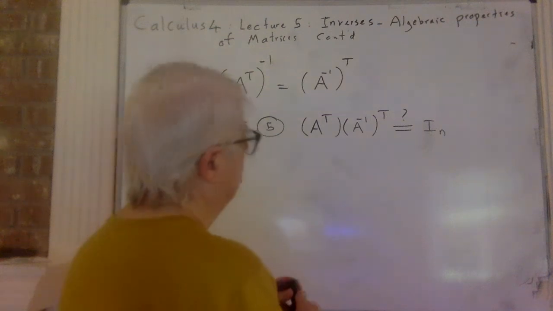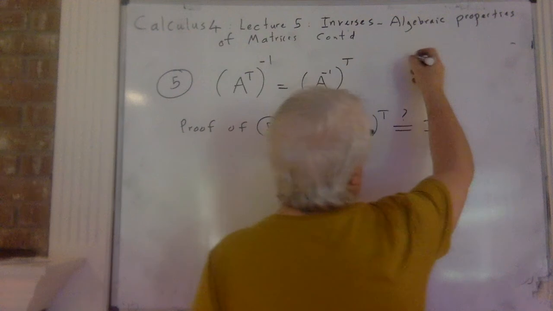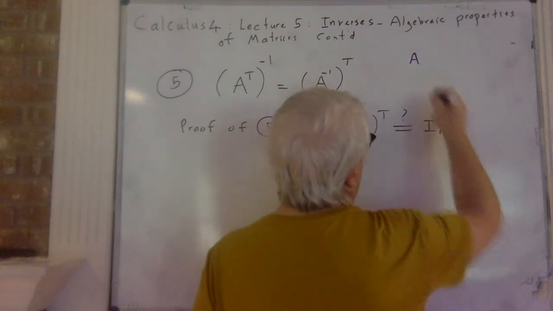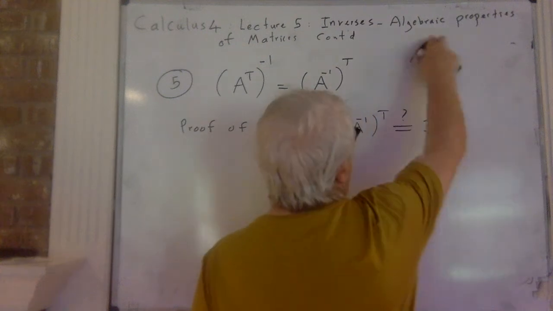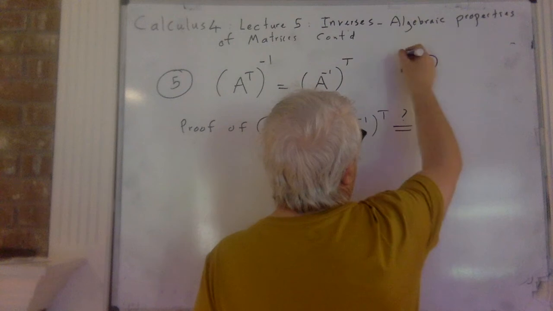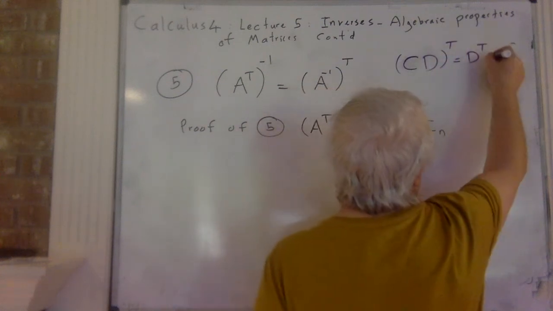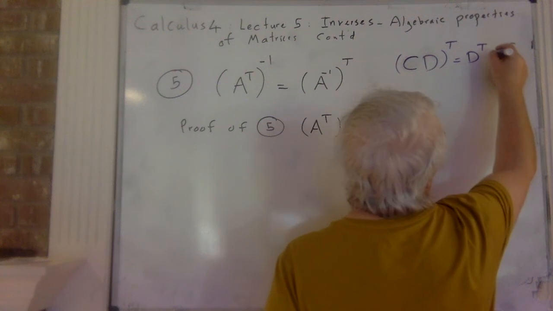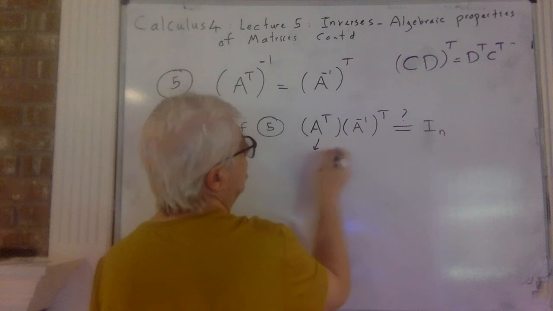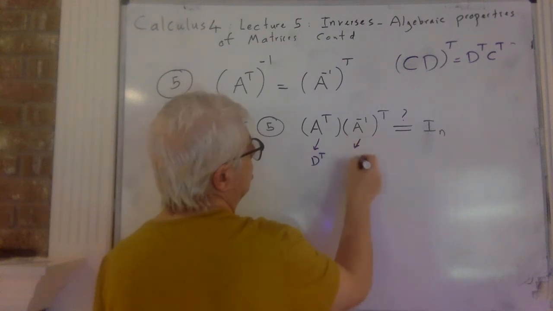So let's recall something. Let me write something else, not A and B. If I have two matrices C and D, remember, the transpose of C D was D transpose, C transpose. Now, this is like the C, this is like D transpose, this is like C transpose.